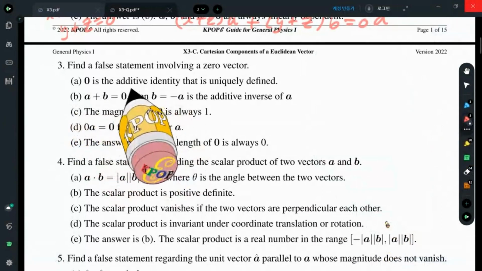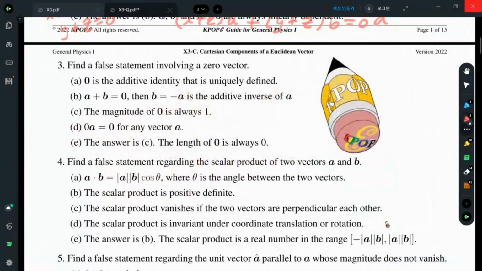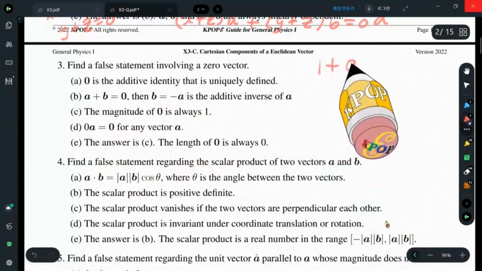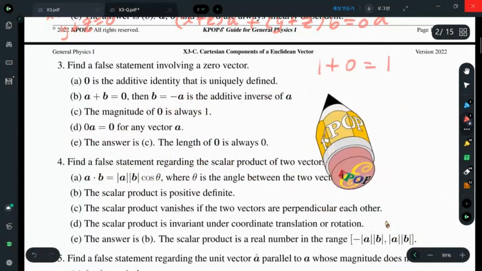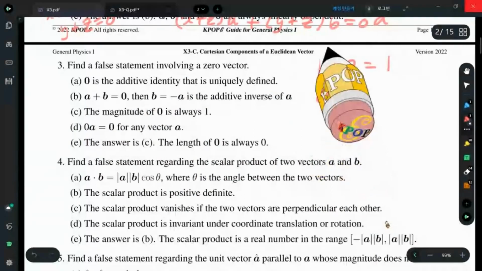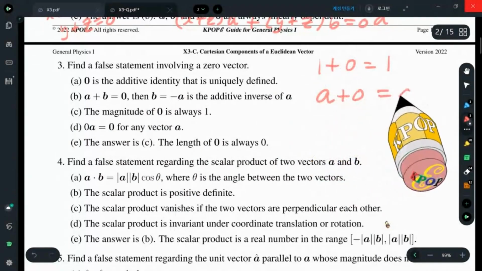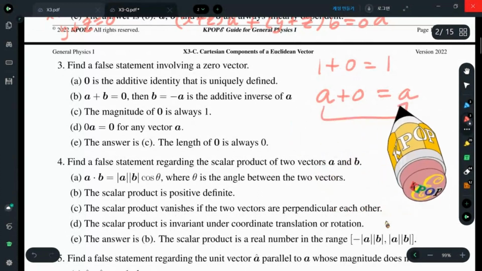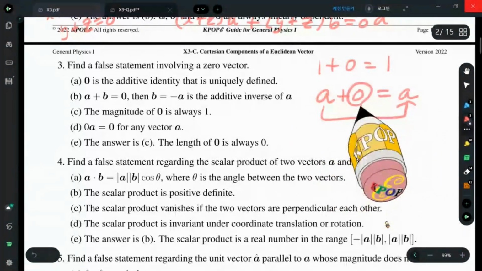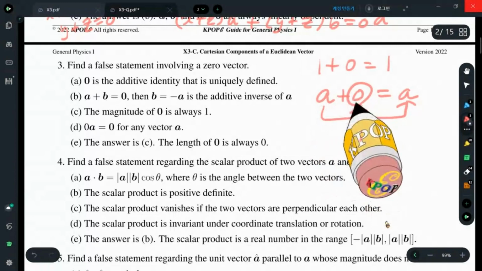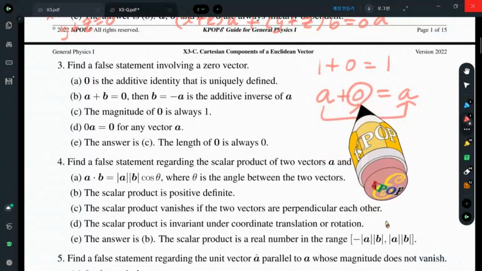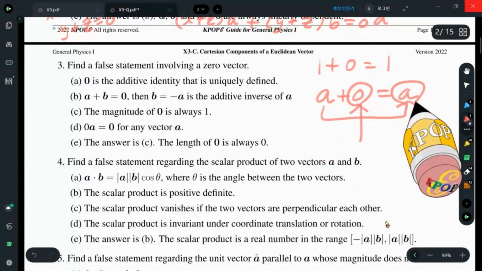Zero is the additive identity, that is, this is algebra. So 1 plus 0 is 1. Whatever number you give me, I can add 0 to obtain the same thing. After this operation, the result is the same.